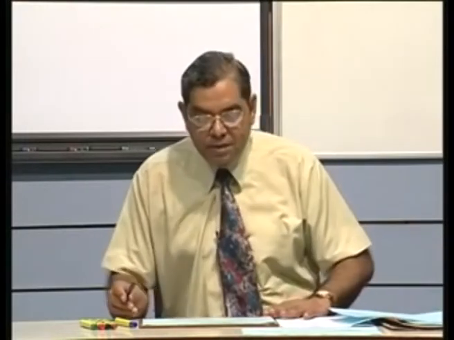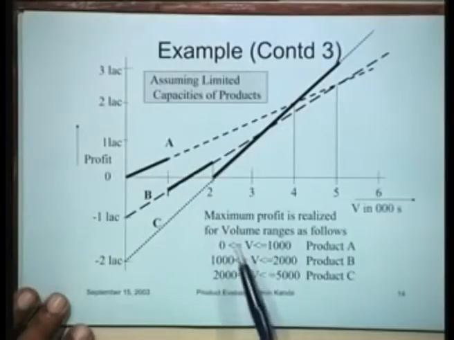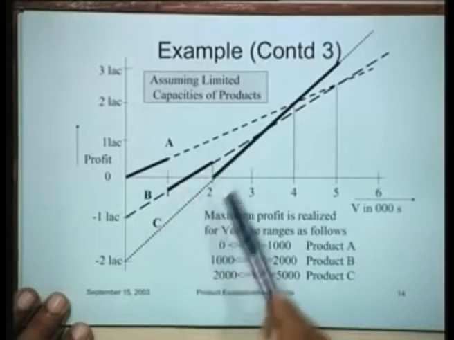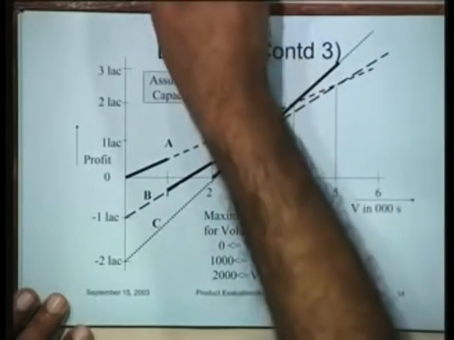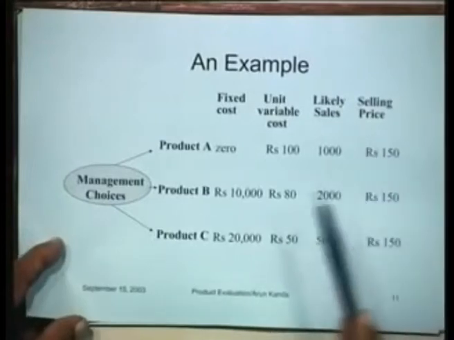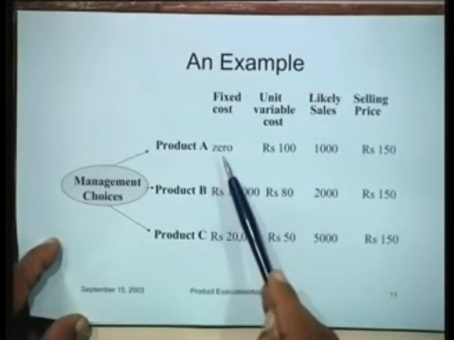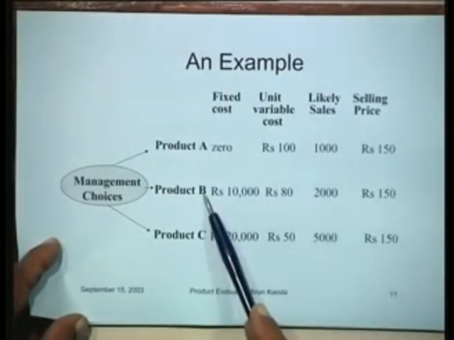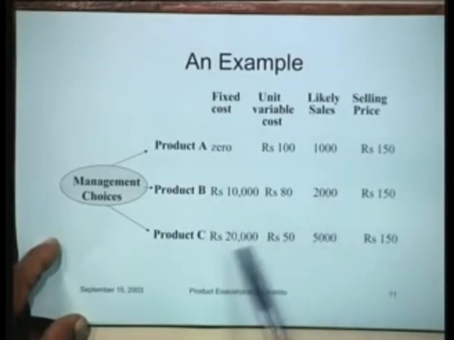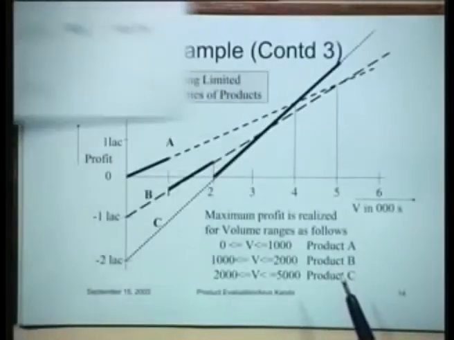What you find here is that product A, and then B and then C. If you look at the data, product A likely sales go up to 1000. So if we assume that this particular option is available from 0 to 1000, this option is available from 0 to 2000, and this option is available from 0 to 5000 only, then what is going to happen?